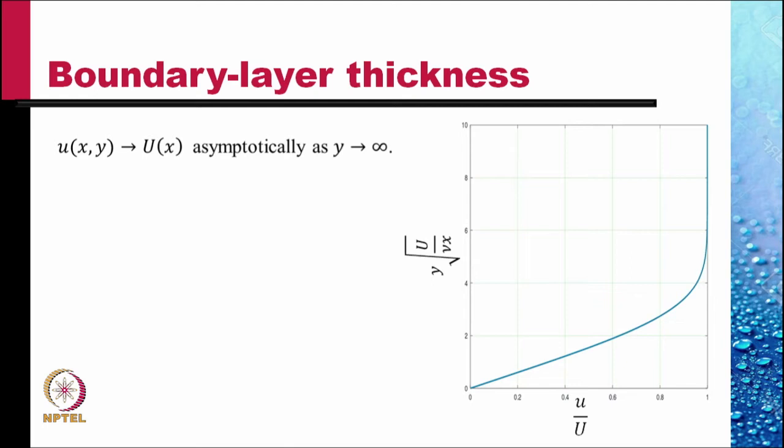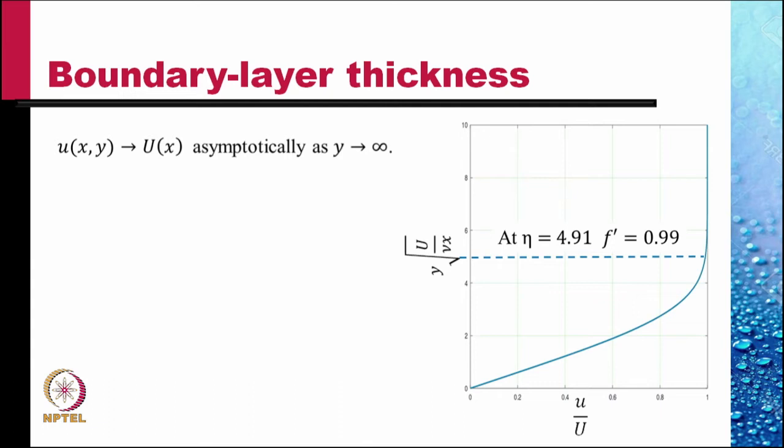So how do we determine or define the boundary layer thickness? The boundary layer thickness in this case is arbitrarily defined as the distance by which the velocity in the boundary layer reaches 99% of the inviscid flow.